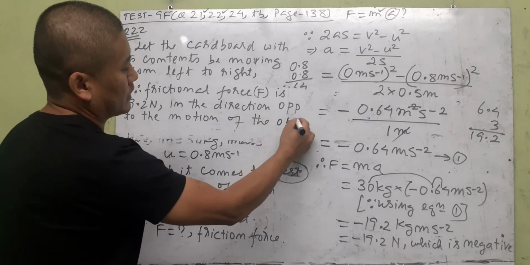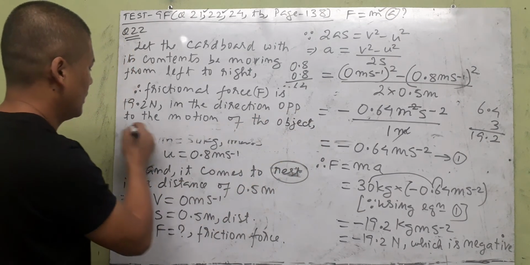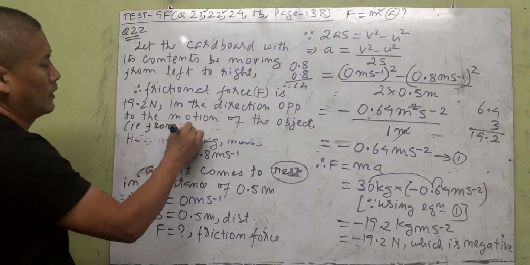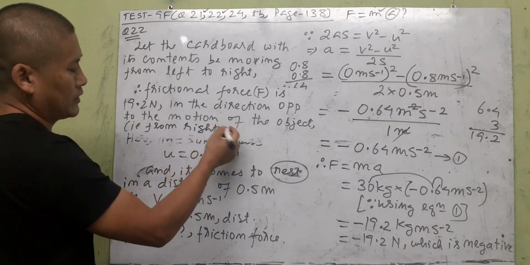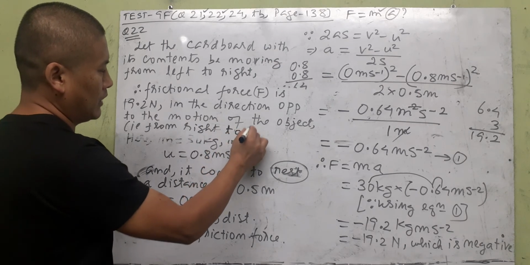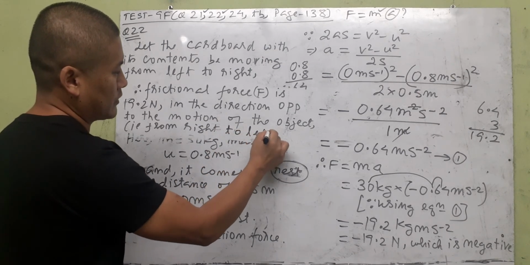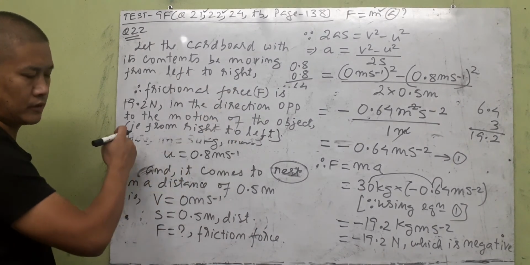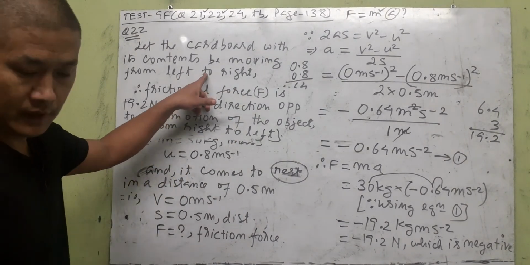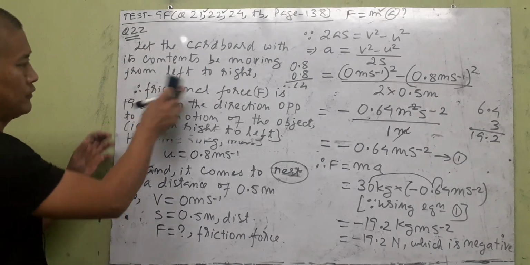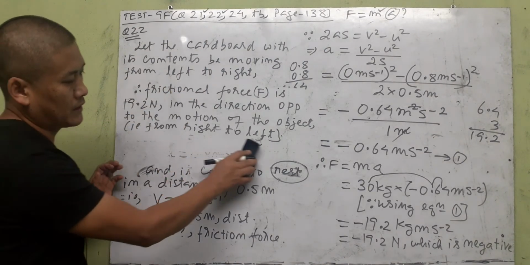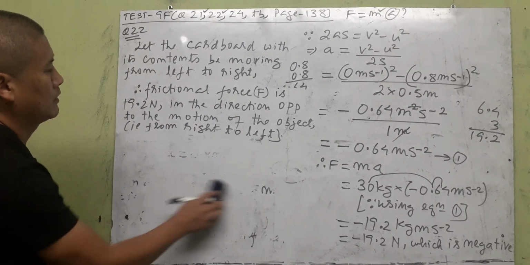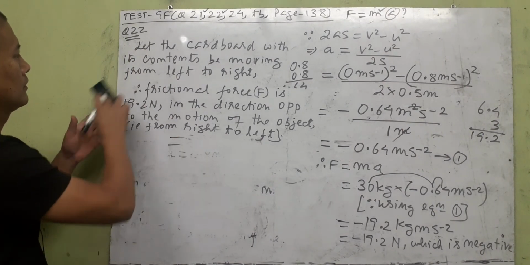In this case, the object is the cardboard and its content. That is, friction is acting from right to left, because the box is moving from left to right. Minus means it is opposite to that original left to right. This left to right therefore helps us once we get a plus or minus answer in the final step. So that is your answer.